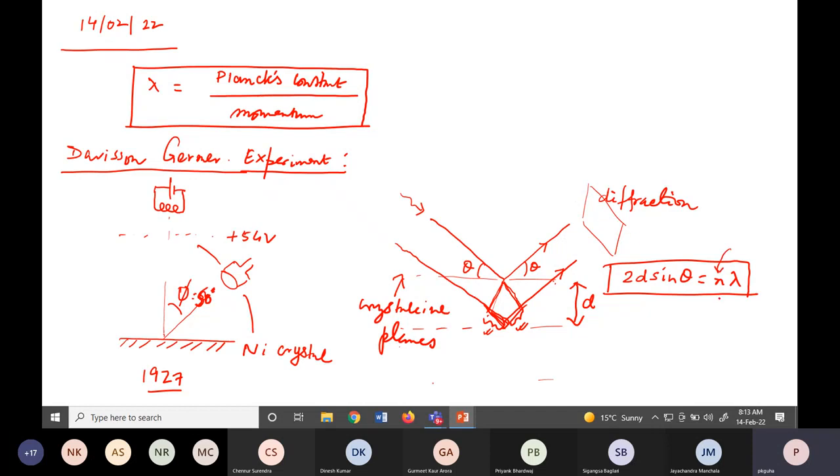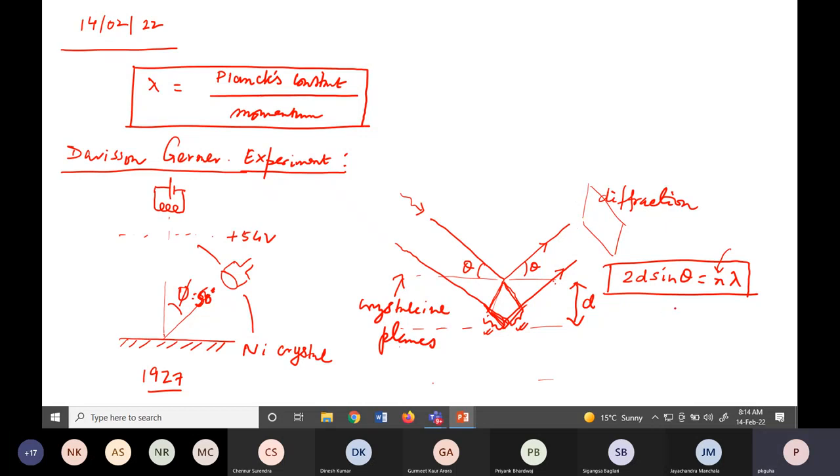If we consider n equal to 1, then 2d sine theta equals lambda, the first order maxima. So for this relation, the reflected X-rays can form constructive interference in the form of diffraction, right?